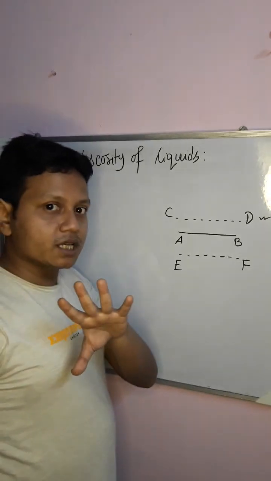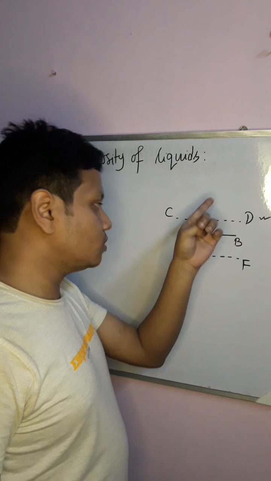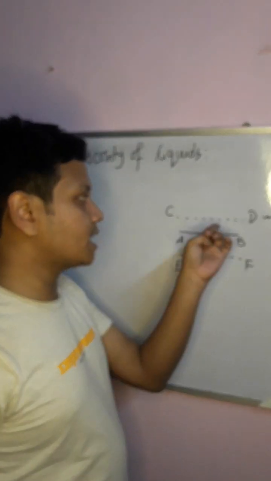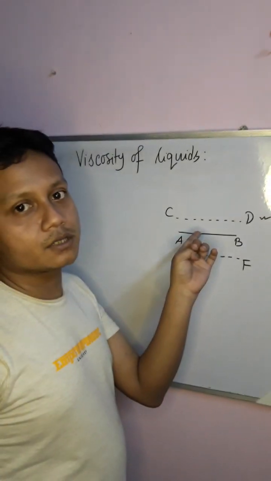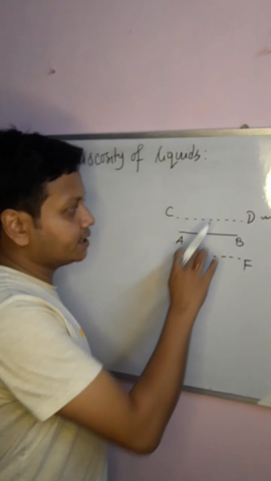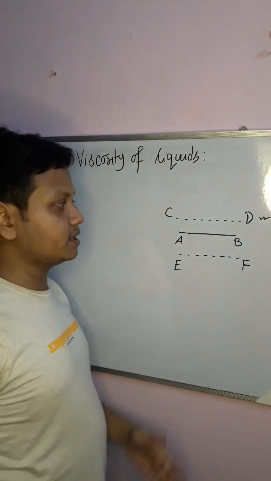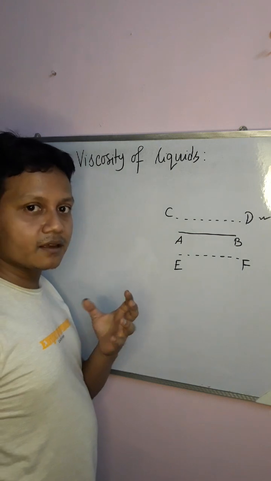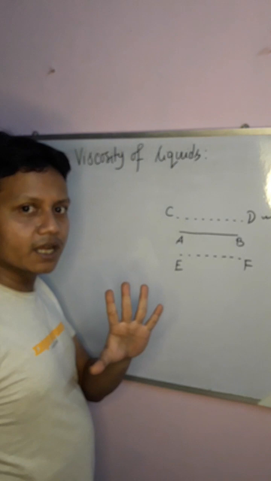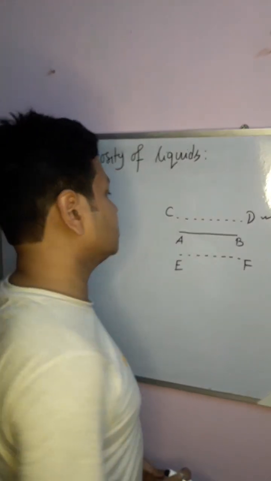In this way the relative motion is destroyed, as if a backward dragging force acts on the liquid layers. This backward dragging force is called viscous force.